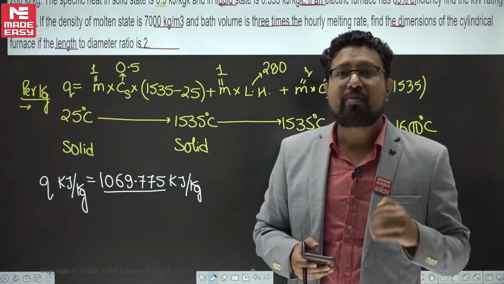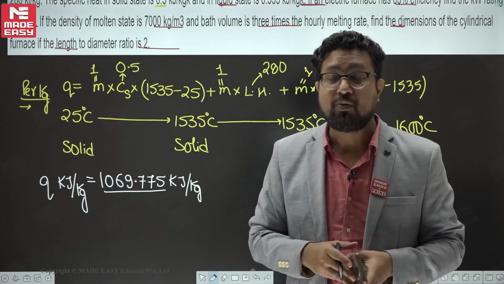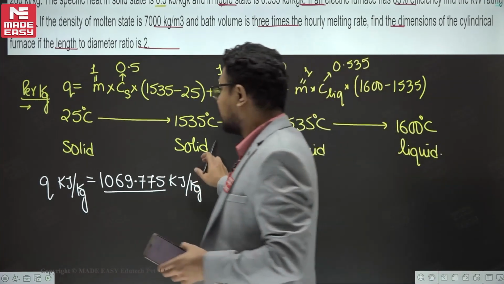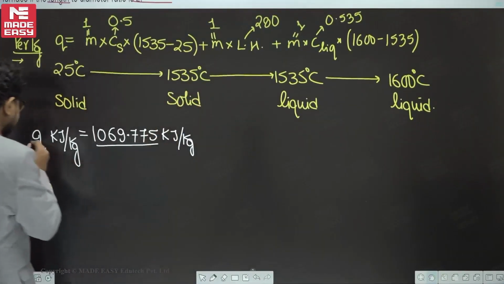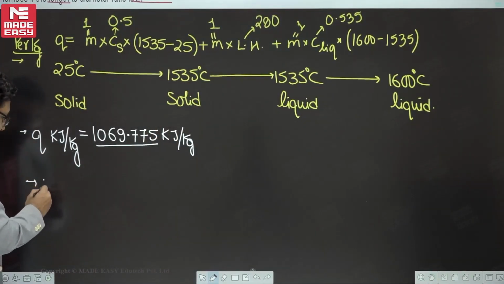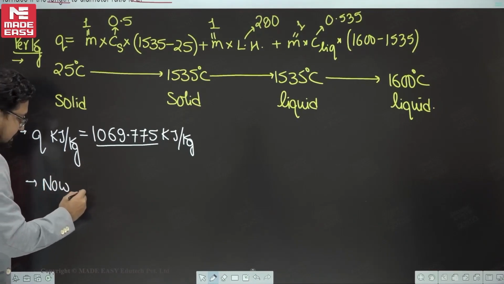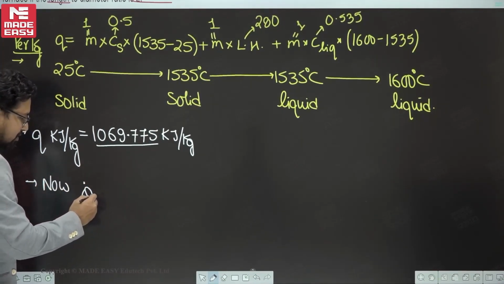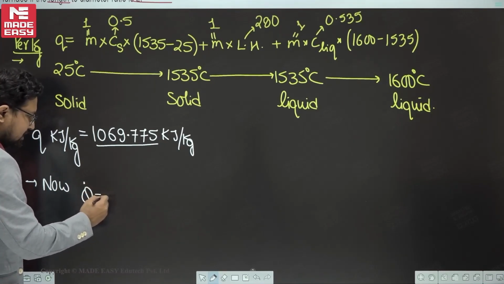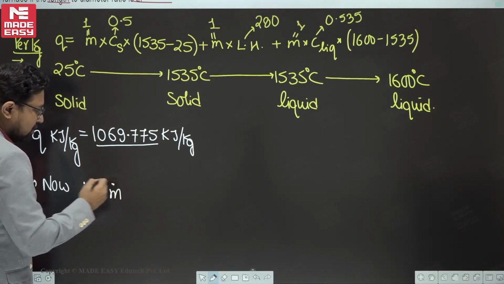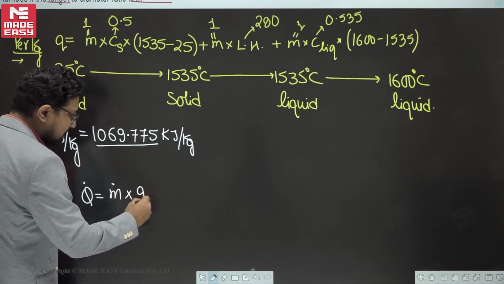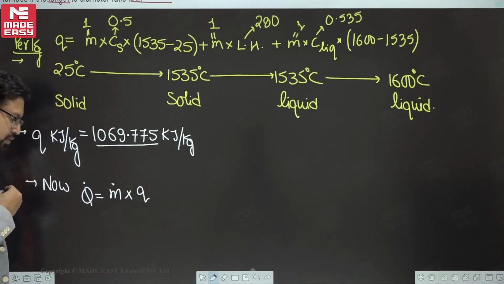Now, how much power rating do we require? How much is the rate of heat supply that is required? So, the rate of heat supply required, let us say it is Q dot to melt, will be equal to the rate of mass which we need to melt into the heat required per kilogram.